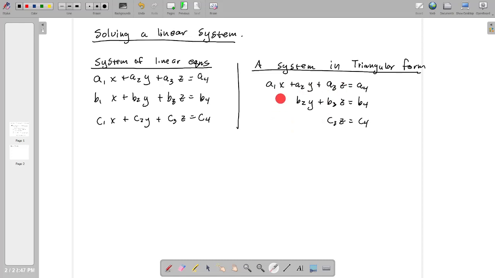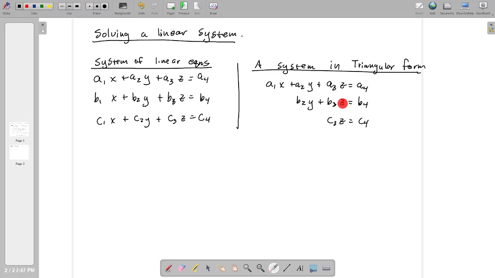It just so happens that you have a 0 for your x coefficient in this equation, and you have a 0 for your x and y coefficients in this equation. So here, we have one equation, one unknown, so we can solve for z very easily in this equation. Once we have z solved for, we can just plug it in here and solve for y.